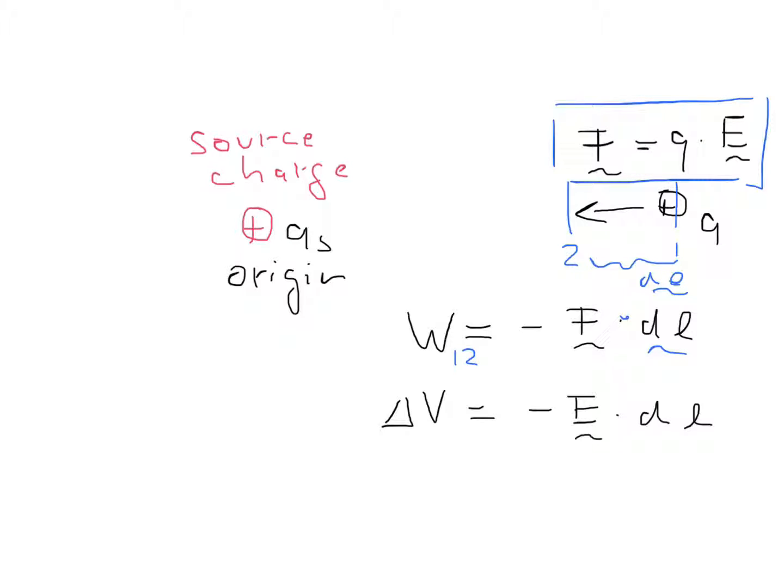Now, potential is defined in effectively the same way, with the only difference that we're talking about a potential change and that we're not considering the magnitude of the test charge.